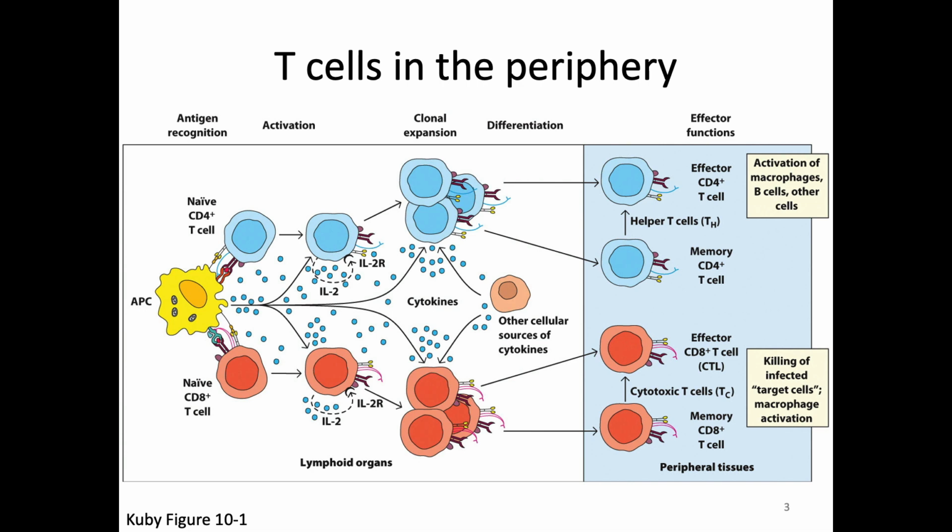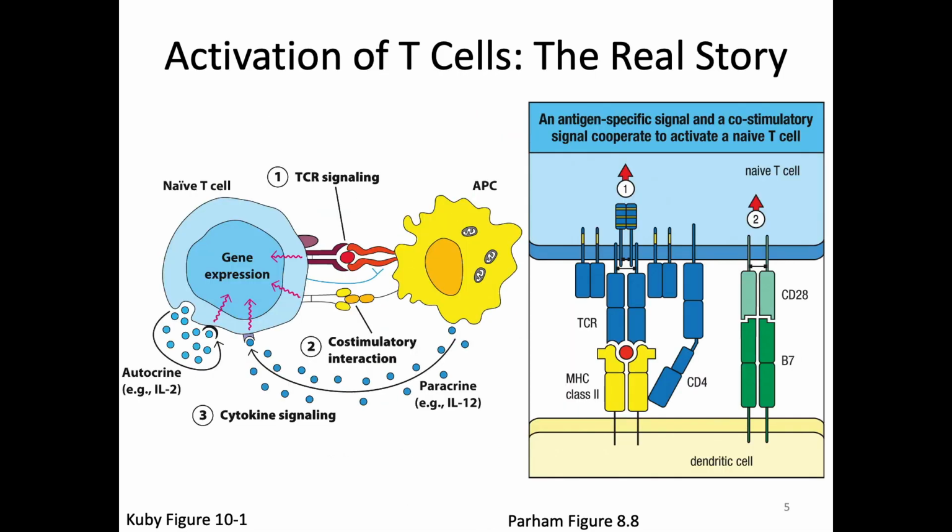Just as a reminder, and this will come up much more a little later today and on Friday, in order to get a naive T cell, a T cell that has never previously been activated, activated the first time, we need a few different signals coming together in that cell. Some immunologists will call them signal 1 and signal 2. Some people even call the other one signal 3.